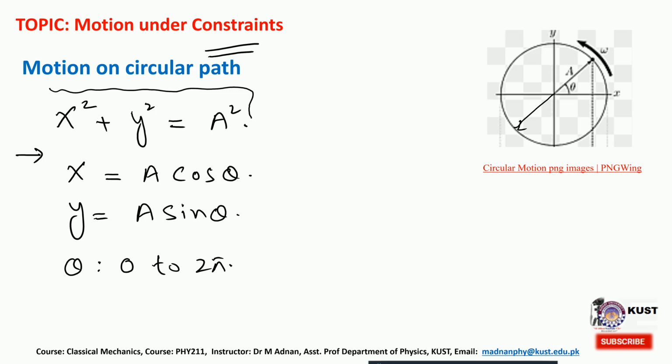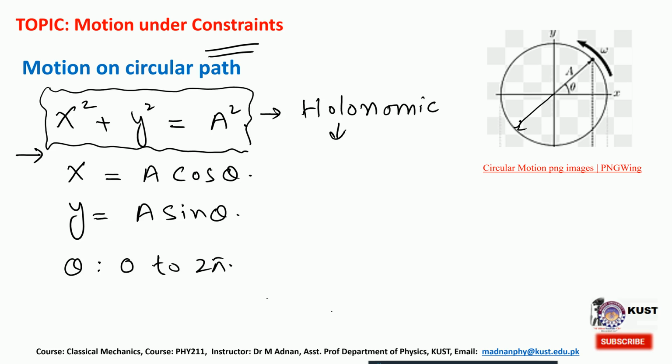So the constraint in this example is holonomic, since the equation of constraint can be expressed in the form of an equation which is connecting the configuration and also the time.